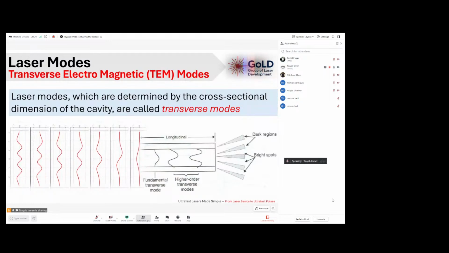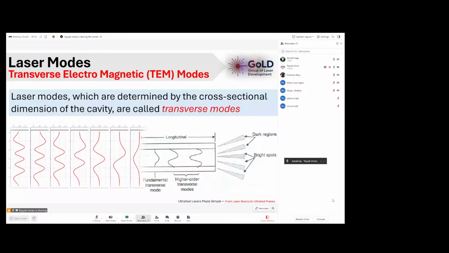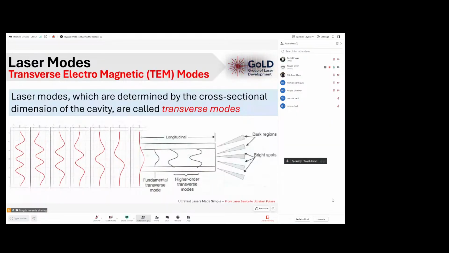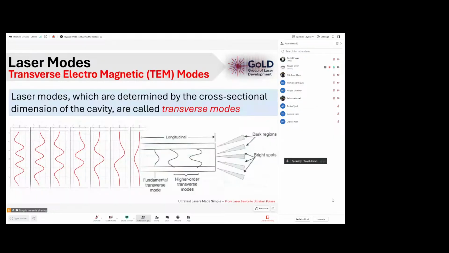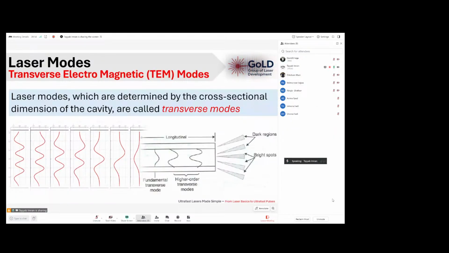If you remember in the last lecture, we studied longitudinal modes. Longitudinal modes depend upon the length of the cavity, which is also called axial modes, along the axis of the cavity.